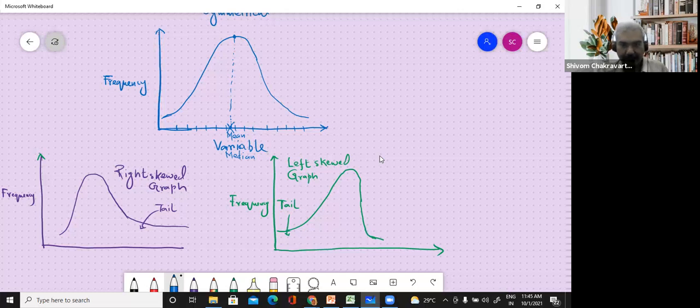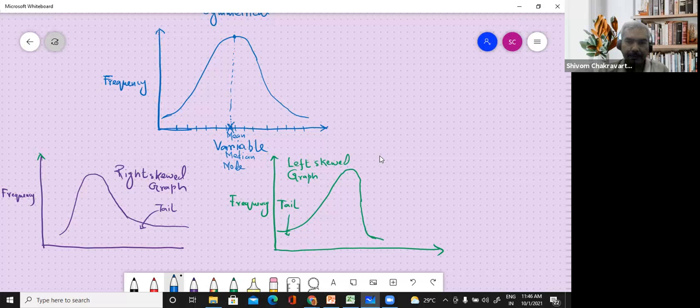So not only will this point correspond to the mean, it will also correspond to the median, and it will also correspond to the mode. Mode is of course the highest frequency point. Mode is apparent. Mean and median will also be the same point.